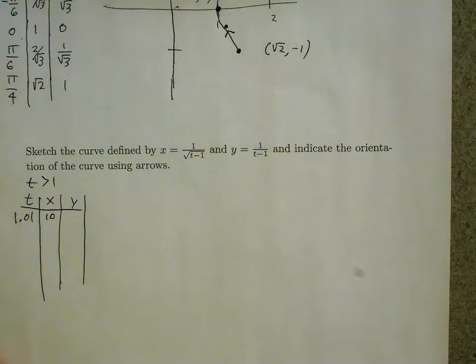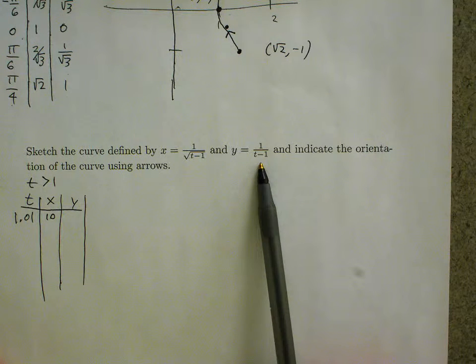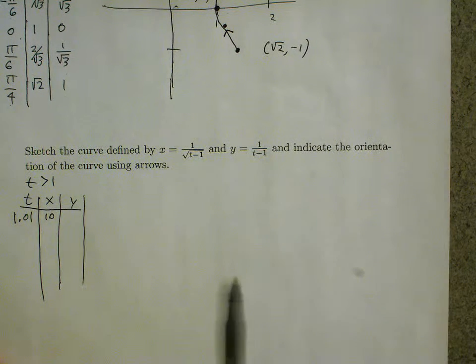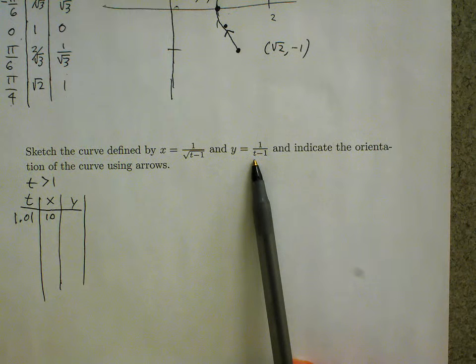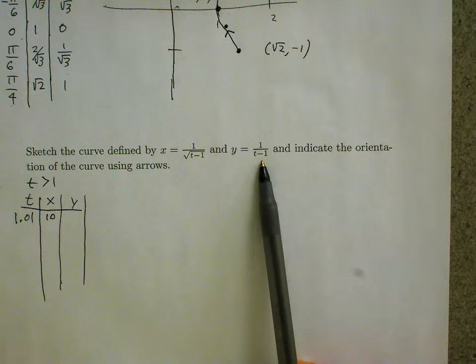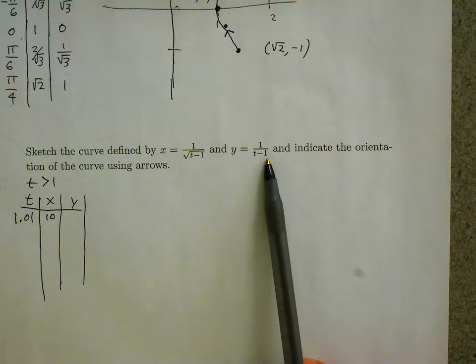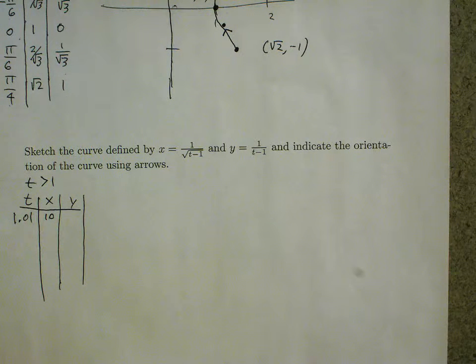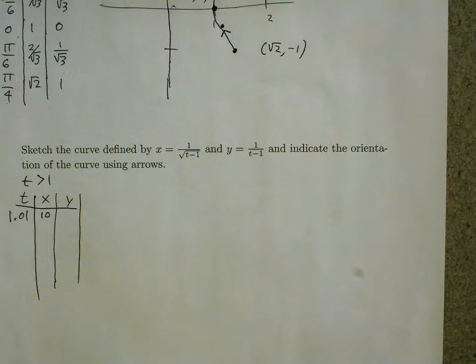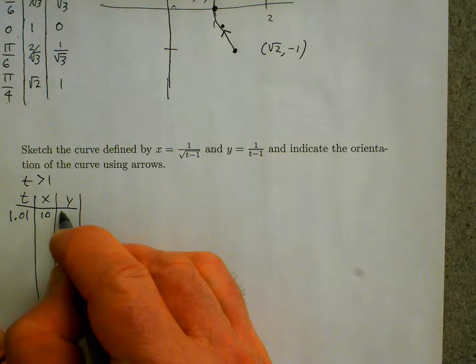So the x coordinate is 10. And the y coordinate, so 1 over 1.01 minus 1 is 1 over 0.01, or 1 over 1/100th. And 1 over 1/100th is 100. So when x is 10, the y coordinate is 100.